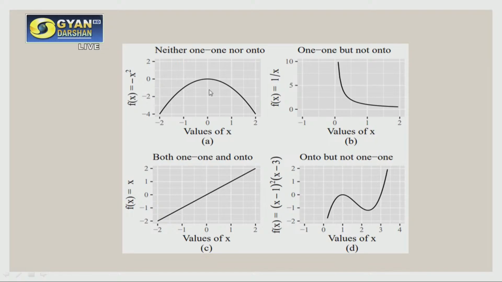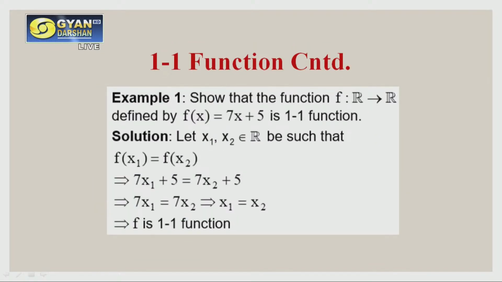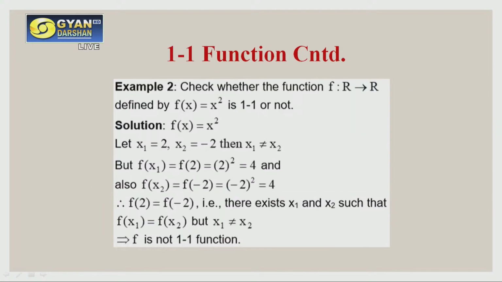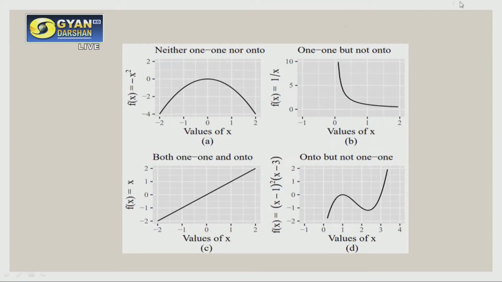Now suppose this is a mother on the y-axis. If I draw a horizontal line, see, this is the horizontal line. This horizontal line will intersect the graph at 2 points. One point is this and one point is this.